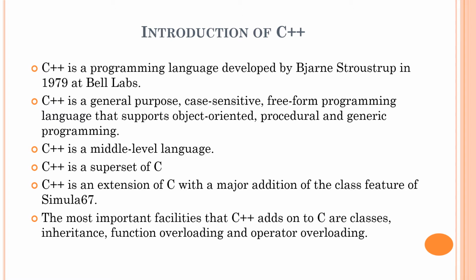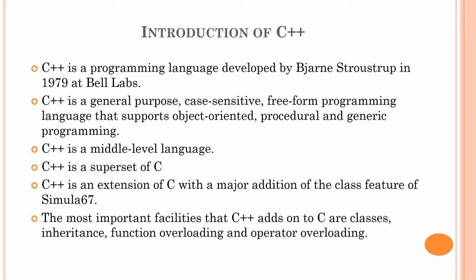Next, C++ is a superset of C. This means that C++ has all the features of C plus some new features like class, object, inheritance, polymorphism, etc. are added into it, and so C++ is a superset of C. Thus, all that can be done with C programs can also be done with C++ programs.